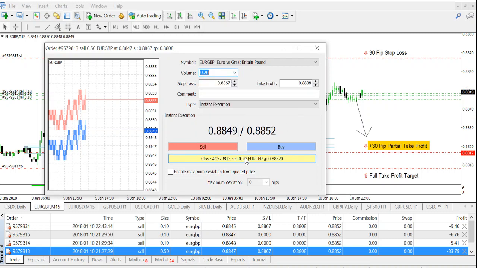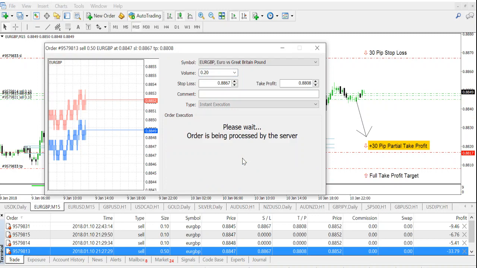Now as a general rule of thumb, I should mention, typically 30 pips is a very, very good profit range. So typically I like to practice taking about 2/3 of the trade off, at least half, but just take something off for yourself. So in this case, we'll just take 2 minis off of the 5 mini trade that we took and hit close.